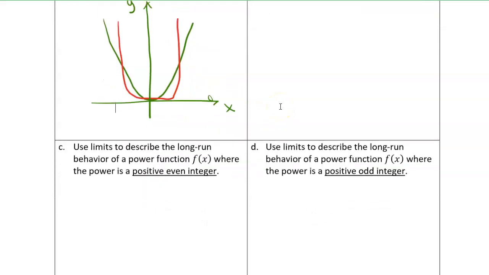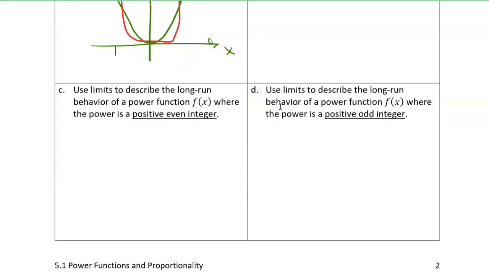So let's take a look down here. I'm going to do the C before I do B. I want to use limit notation to describe the long run behavior. And so I can just say that the limit as x approaches infinity of f of x, where f of x is an even power function, so the power of x is an even integer, goes to infinity.